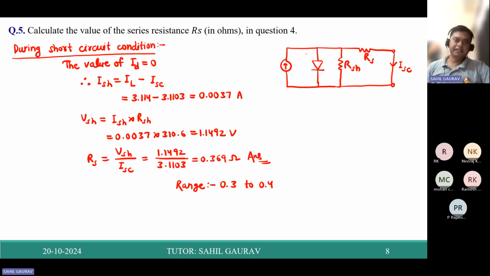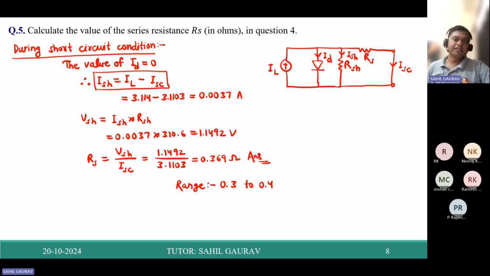So apply KCL. In short circuit, the diode current is negligible, and ISH is equal to IL minus ISC. We know the light current value given in the problem is 3.114 ampere, and the short circuit current is also given, so we will get 0.0037 ampere.